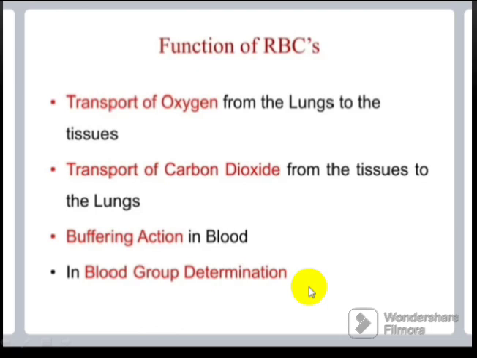Okay. The red blood cells are also important in determination of blood groups. What component of the blood is responsible for that? You will get to know about that when we get to blood grouping.